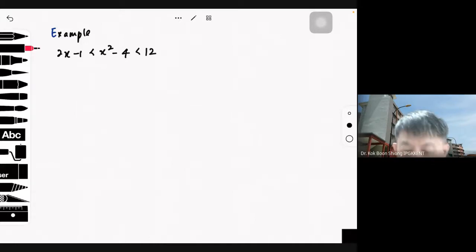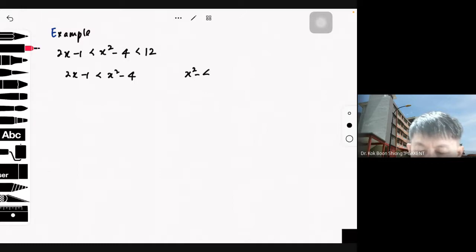You have to break it into two parts. The first part is 2x minus 1 smaller than x squared minus 4. The other part is x squared minus 4 smaller than 12. Then you have two graphs. Later, we have to merge the two graphs to look for the final solution.